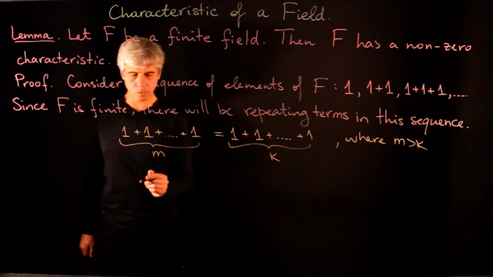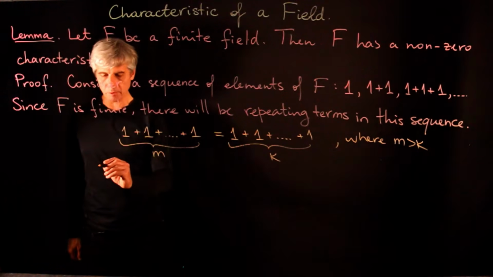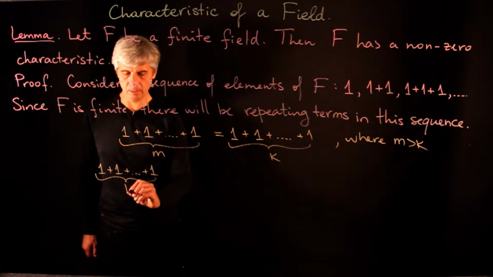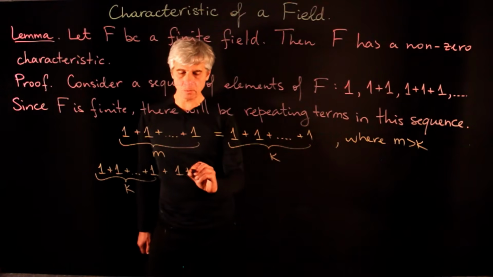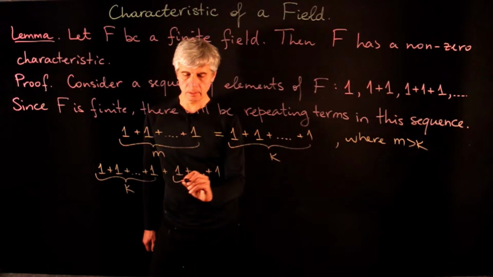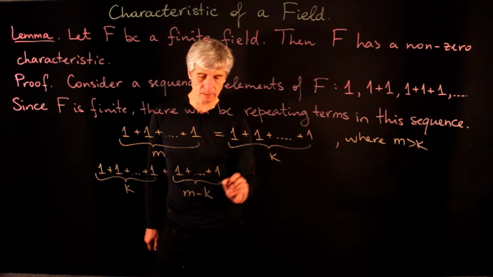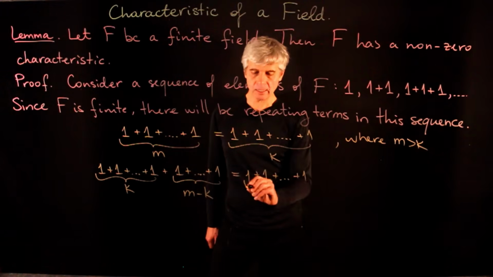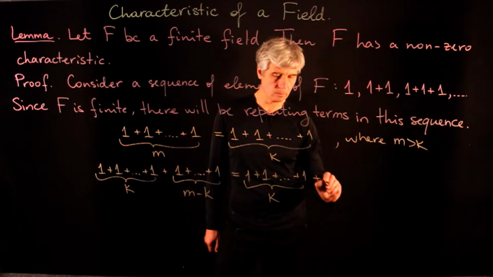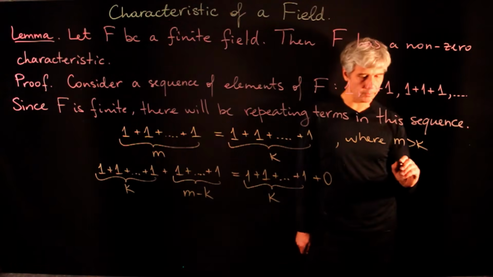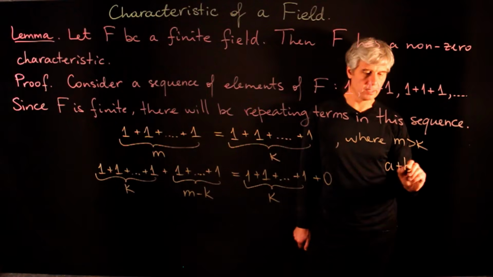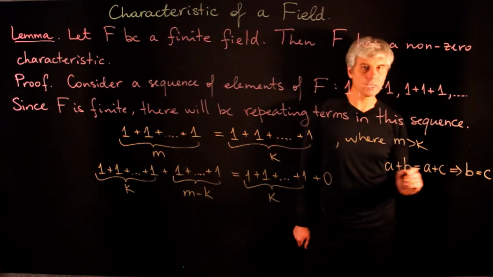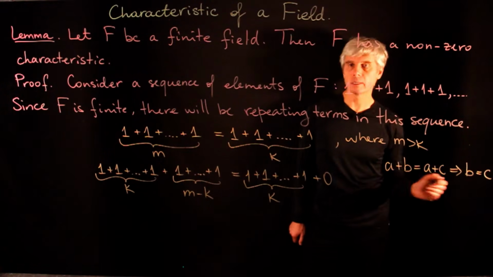But then this equality can be written as 1 plus 1 plus 1, k times, plus 1 plus 1, m minus k times, is equal to 1 plus 1 plus 1, k times, plus 0. But then in a field we have the following property, that if a plus b is equal to a plus c, then this implies that b is equal to c. So we proved this cancellation law in a field.